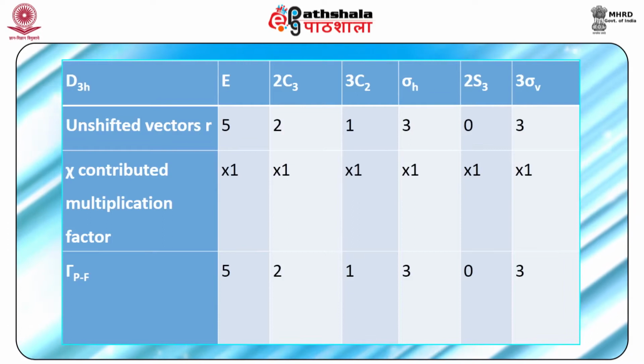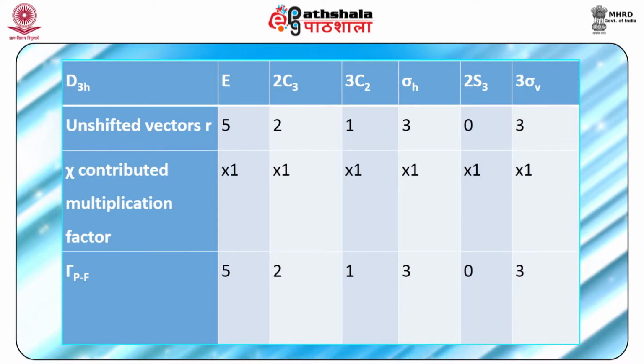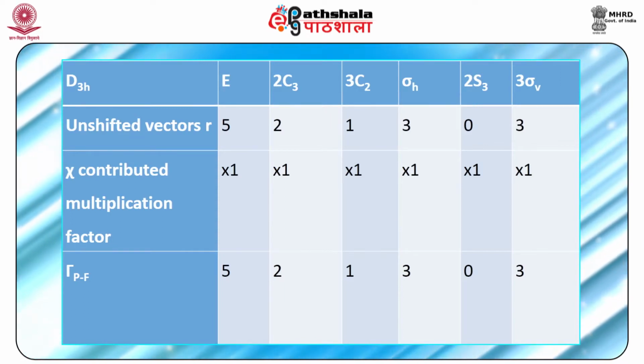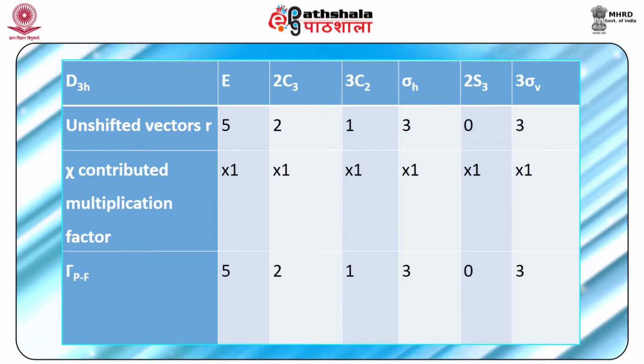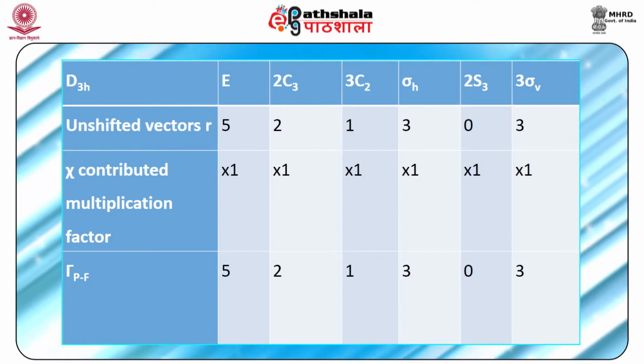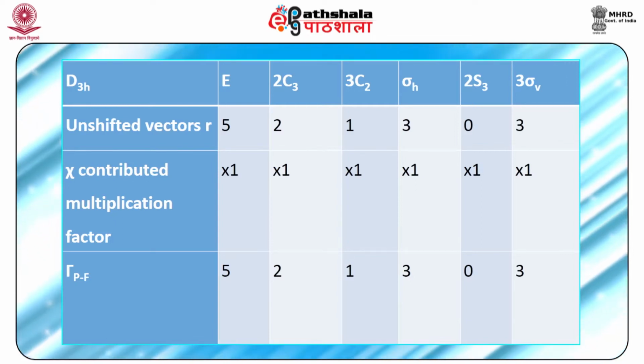Now, the results of how many bond vectors are not shifted are summarized in this table over here. That is, unshifted vectors in the second row are 5, 2, 1, 3, 0, 3 under the various symmetry operations of the D3h point group.